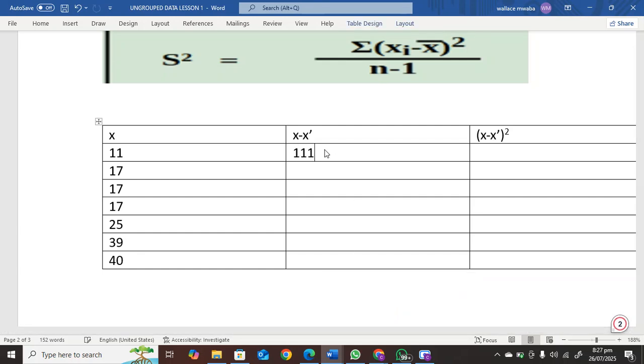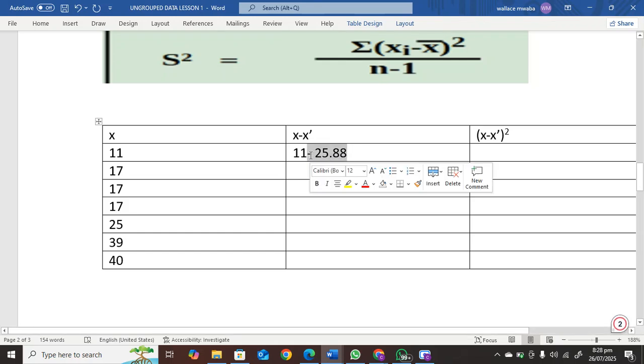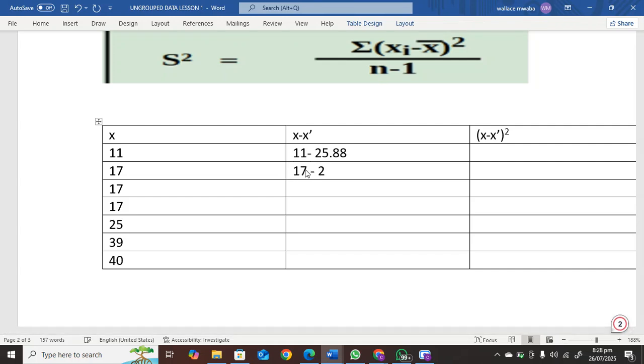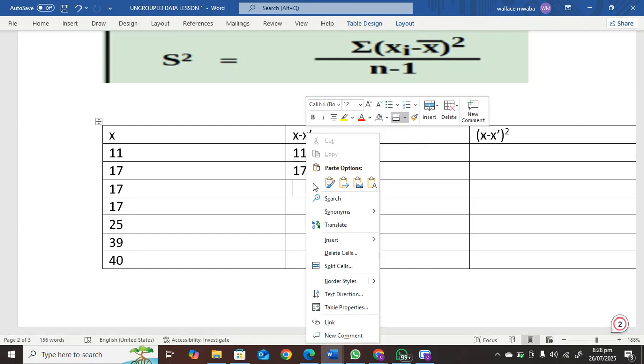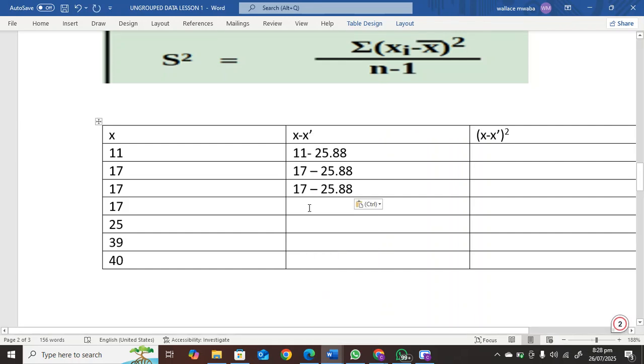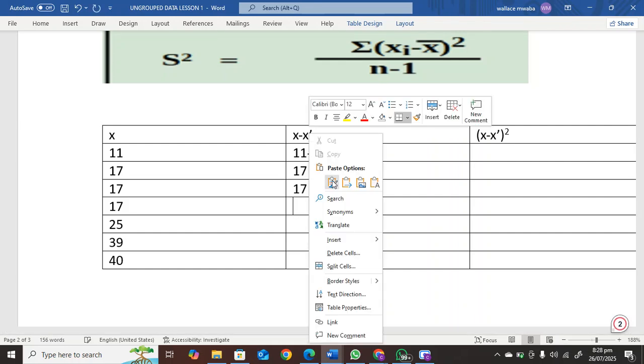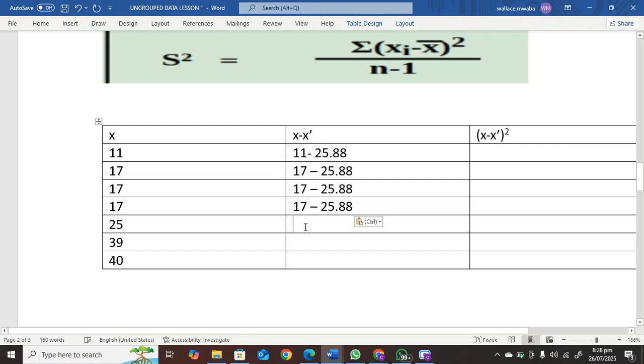So we take 11 minus 25.88, our mean, then 17 minus 25.88, same here. All the values you're subtracting from the mean.